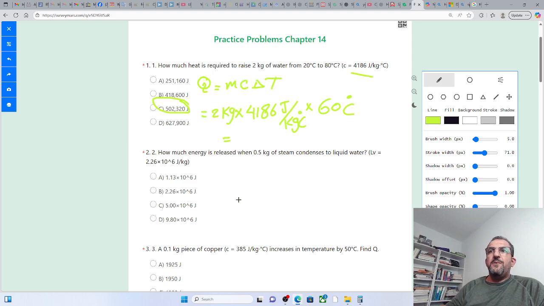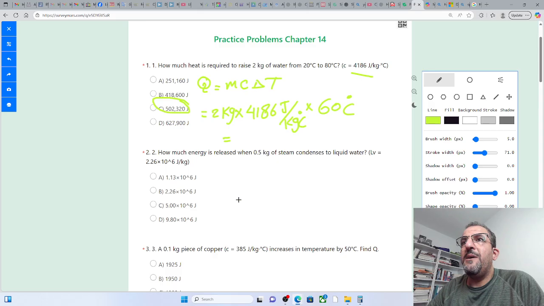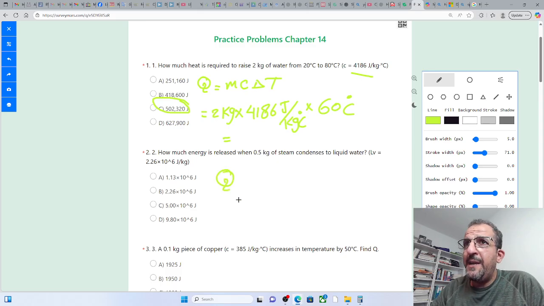For problem number 2, how much energy is released when 0.5 kilogram of steam condenses to liquid water? We know, guys, you have here the latent heat and you have the mass, so you can find the released energy in form of heat, of course, with this equation.